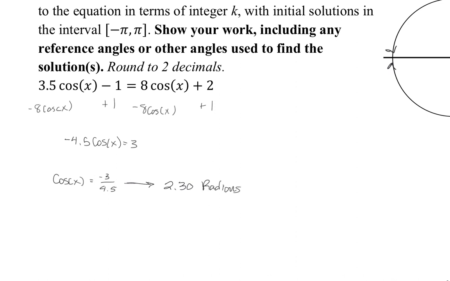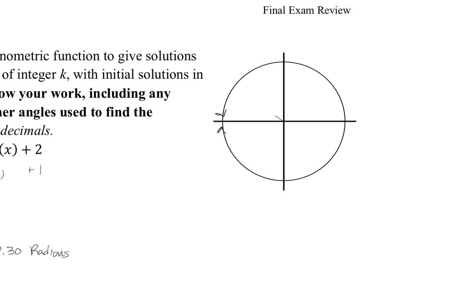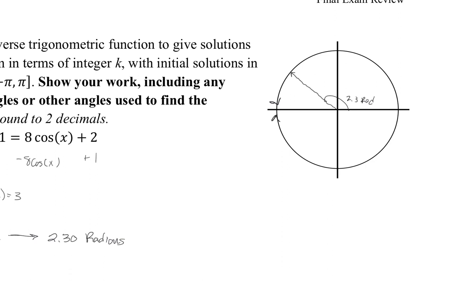Moving on to our unit circle, that is going to fall somewhere over here. And now we want to find another possible angle that has the same exact cosine, the same exact x value. So we're going to carry that down to here. And we're going to notice that this is the same as negative 2.3 radians, right?